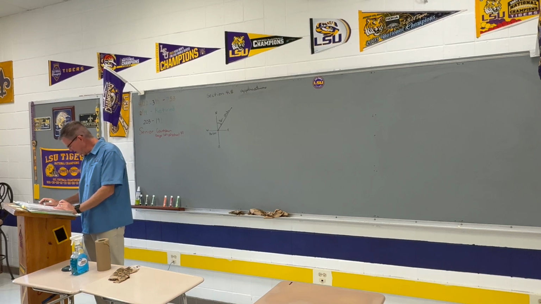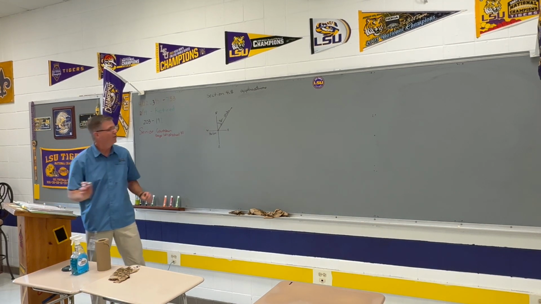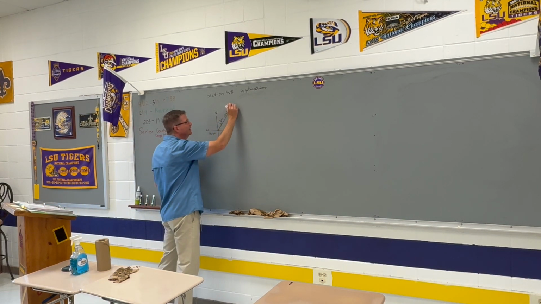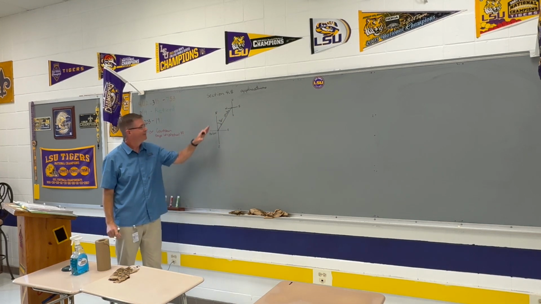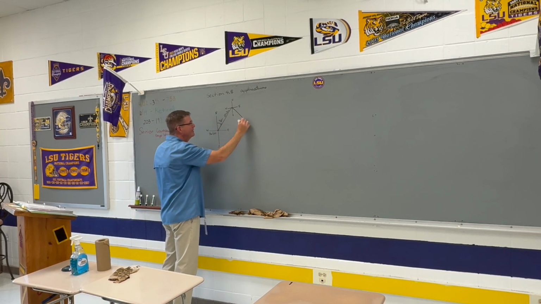After traveling 25 miles, the captain then turns the boat 90 degrees clockwise and travels 18 more miles. So I'm going to put another compass up here. After traveling 25 miles, he makes a turn of 90 degrees, so it's a 90-degree angle, and travels 18 miles.